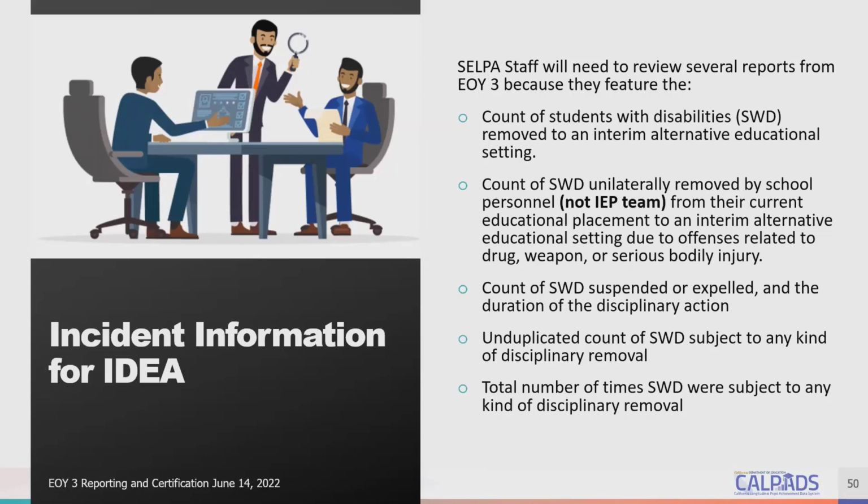Some of that is the count of students with disabilities removed to interim alternative educational setting, the count of students with disabilities unilaterally removed by school personnel, the count of students with disabilities suspended or expelled and the duration of the disciplinary action, the unduplicated count of students with disabilities subjected to any kind of disciplinary removal, and the total number of times students with disabilities were subjected to any kind of disciplinary removal. And this information is specifically needed for IDEA, the Individuals with Disabilities Education Act.